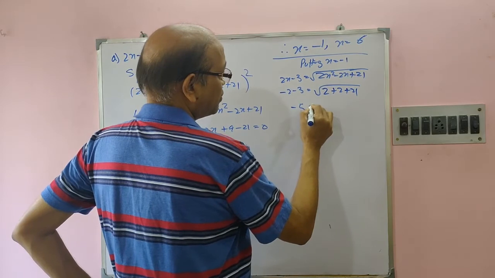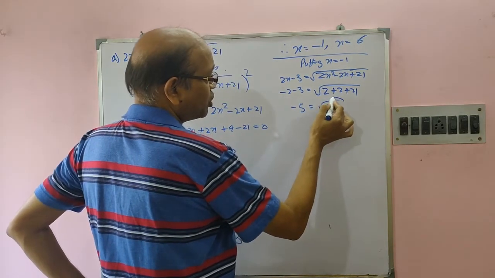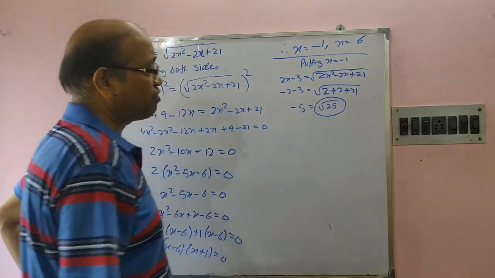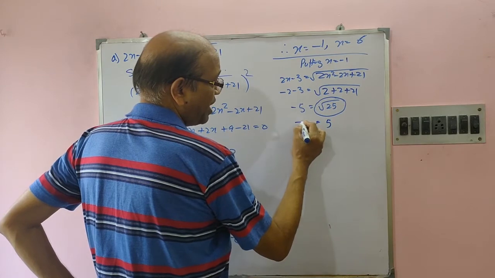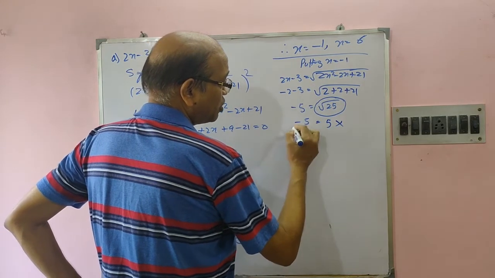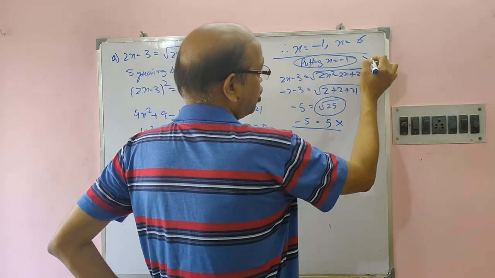So this is minus 5, and here I get root 25. Now I said always we take the positive value of the square root. So the positive value of the square root will be 5, and here it is minus 5. Therefore this is not same. Therefore x equals to minus 1 is not your answer.